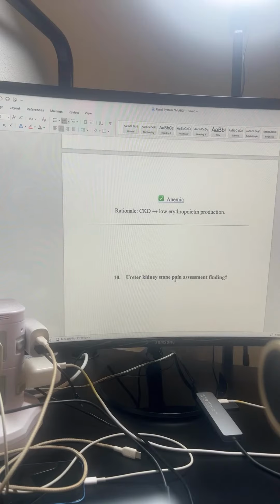Ureteral kidney stone pain assessment finding. What in terms of the assessment finding, what are you expecting for your patient with a kidney stone? What are some things you can think of in terms of your expected findings? Rigid abdomen. Flank pain, nice. Will you be having urinary retention? Nice.